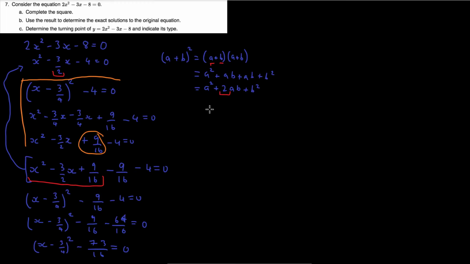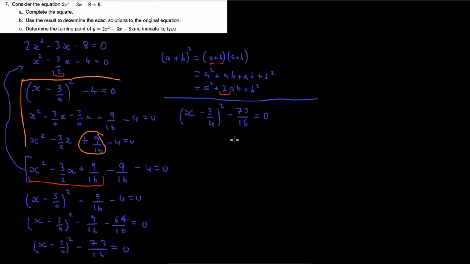So let's start rearranging. Let me just draw a line there. So I'll rewrite the equation up here: (x − 3/4)² − 73/16 = 0.